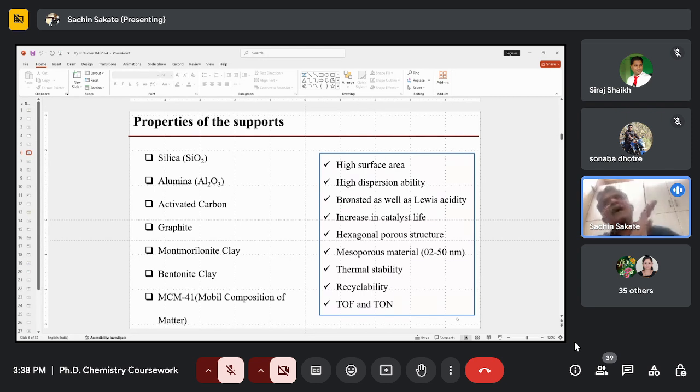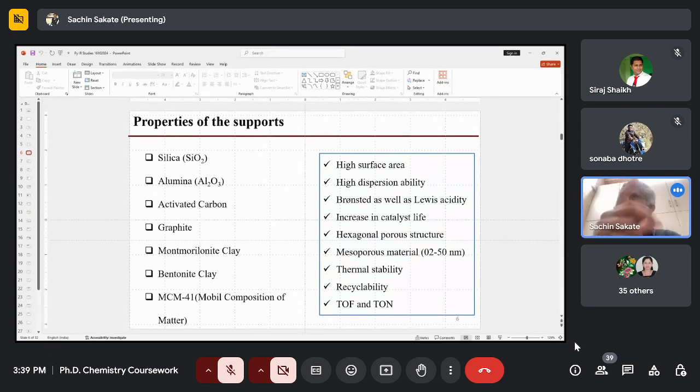These materials have a very high dispersion ability. Dispersion ability means your active species is very uniformly distributed on the support actually. These materials or supports themselves have Bronsted acidity as well as Lewis acidity, but of course that acidity may be less.